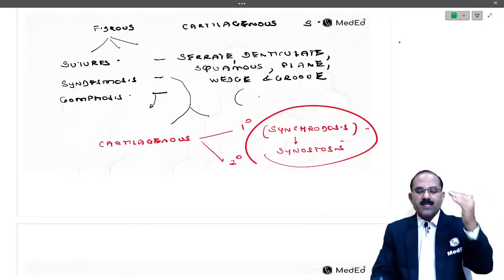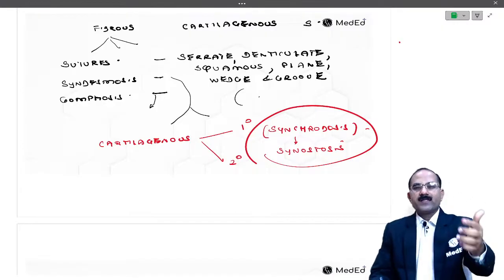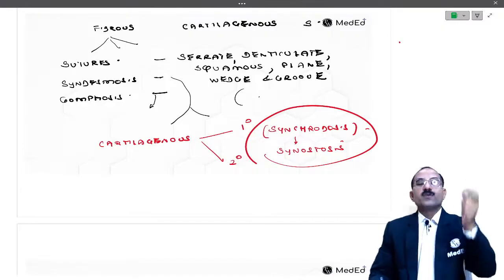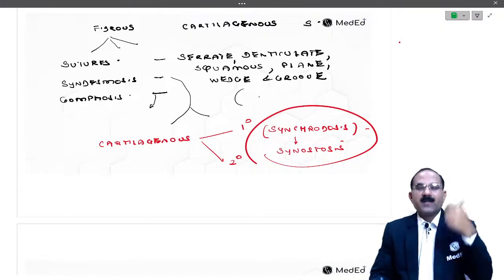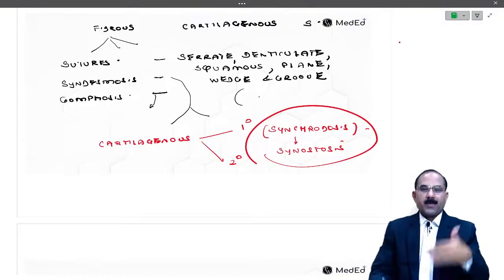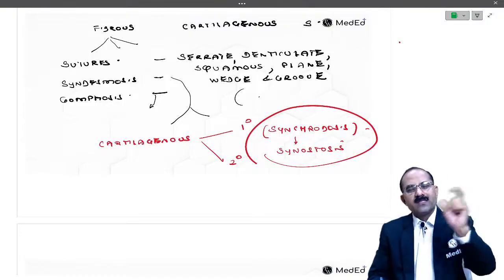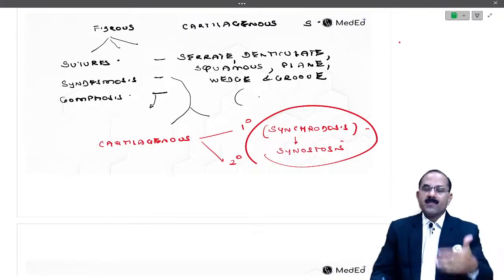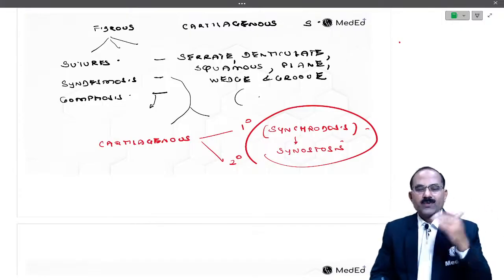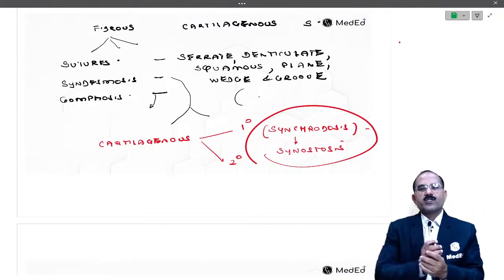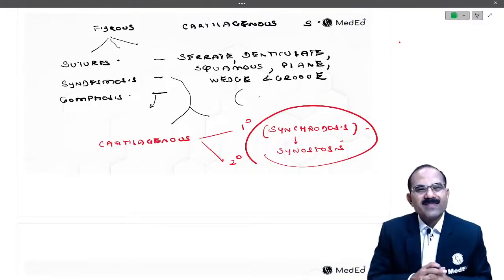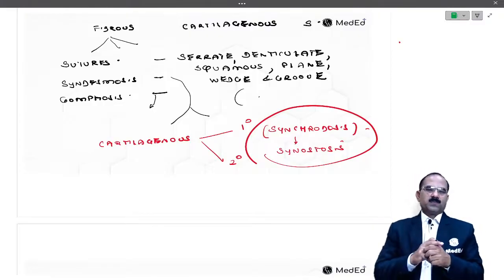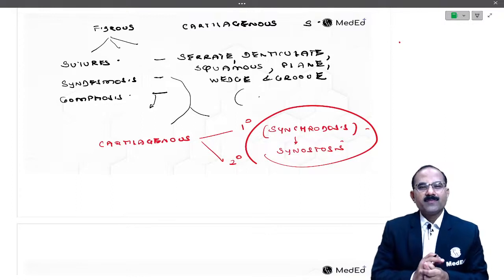Your answer is synostosis. So synchondrosis is a primary cartilaginous joint, which after certain years gets converted into bone, and this process we call synostosis. Example of a primary cartilaginous joint, anyone?